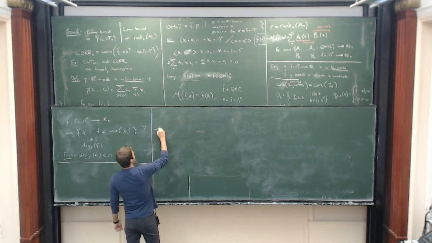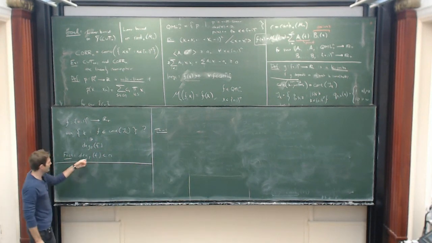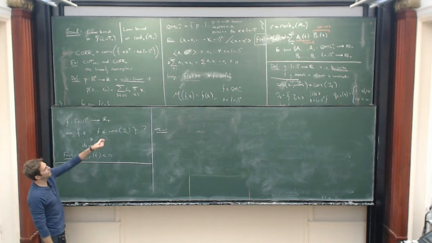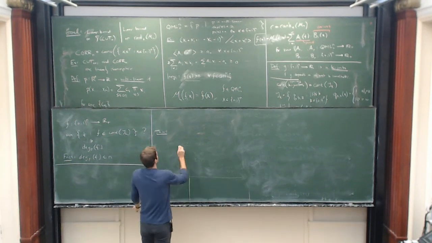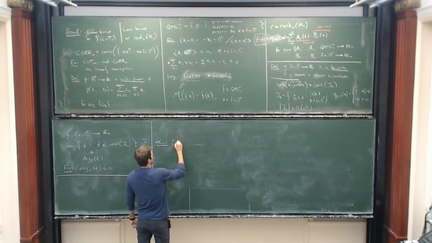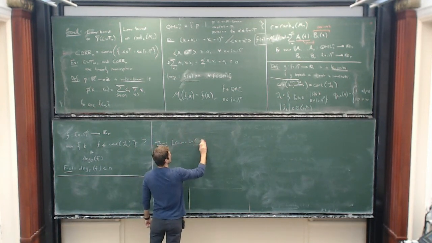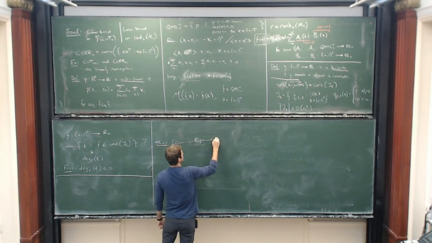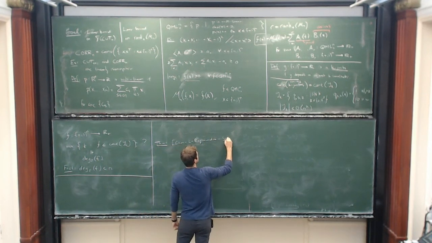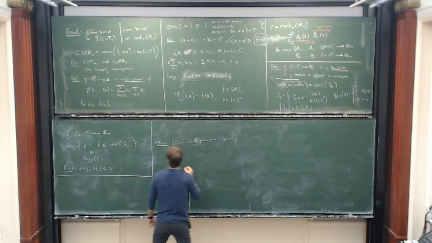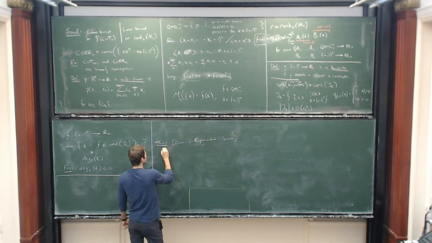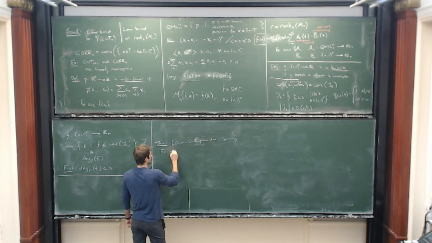Okay. But the theorem is now that proving lower bounds on the Junta degree is all that's necessary to prove lower bounds on the non-negative rank. This is from joint work with Siu On Chan, Prasad Raghavendra, and David Steurer.